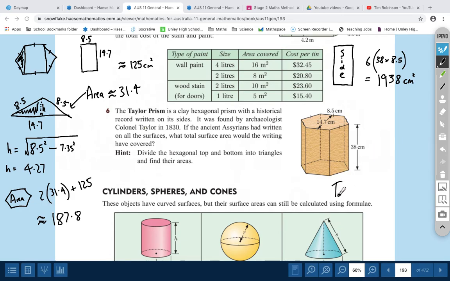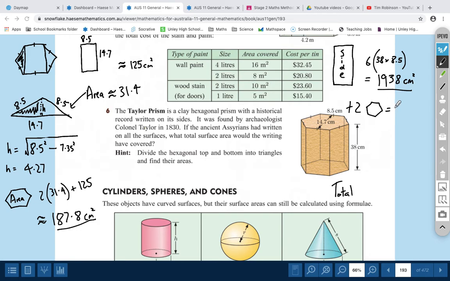I'll write the total here. We've got all the sides. We did that. That was easy, rectangles. We've now got the area of a hexagon, but our shape has two hexagons. So we need to go plus 2 hexagons, right?